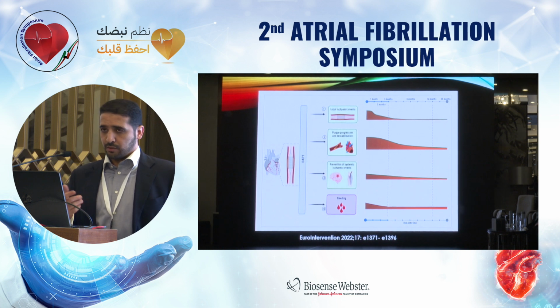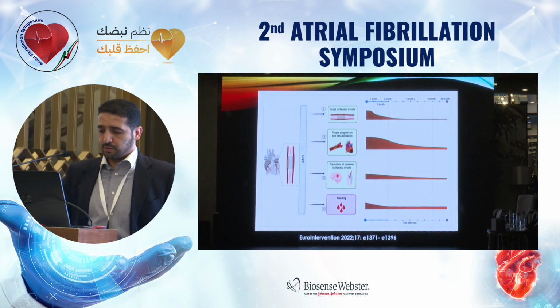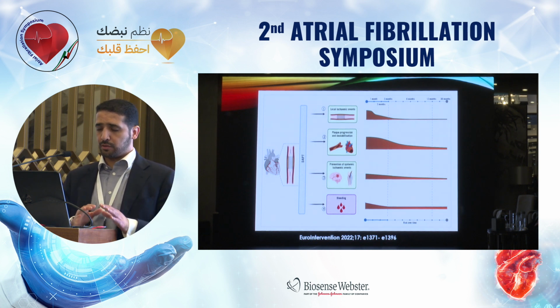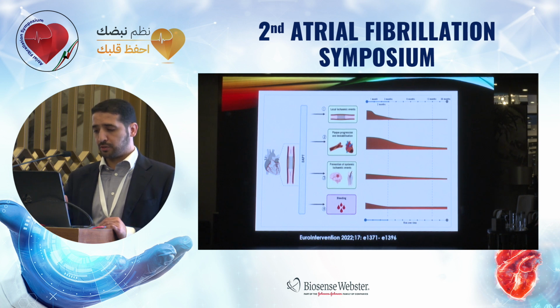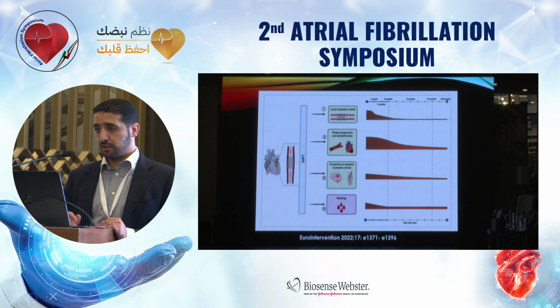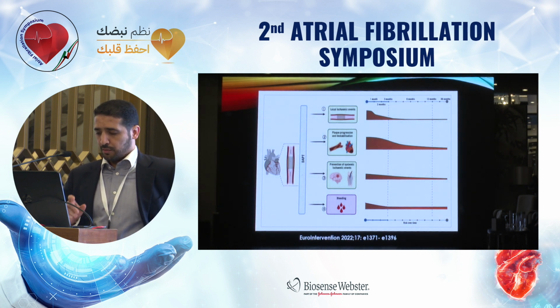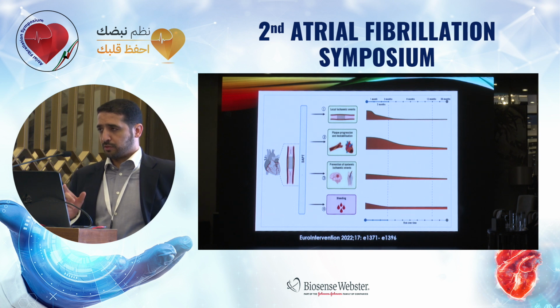When you are considering a PCI for a patient with acute or stable coronary artery disease, you have to think about local ischemia, plaque progression, systemic ischemic events, and bleeding. As you can see from this slide, the most important period is the first 3 months, and even more important is the first month.